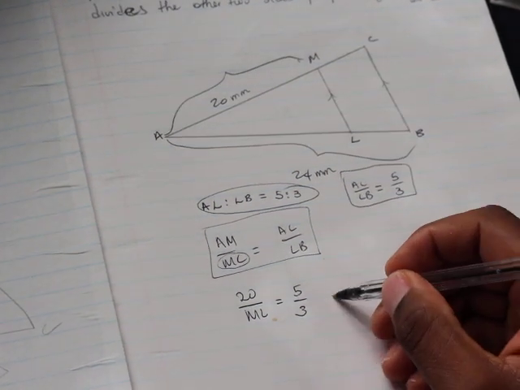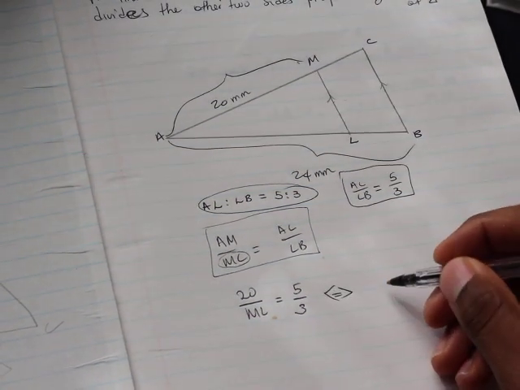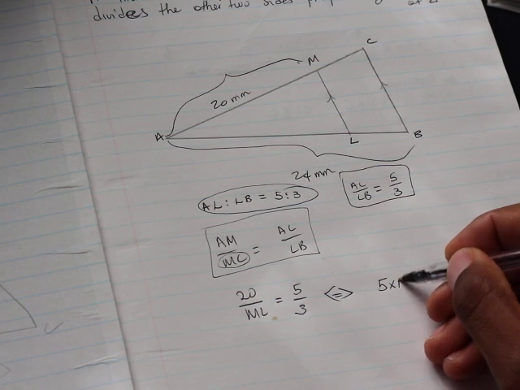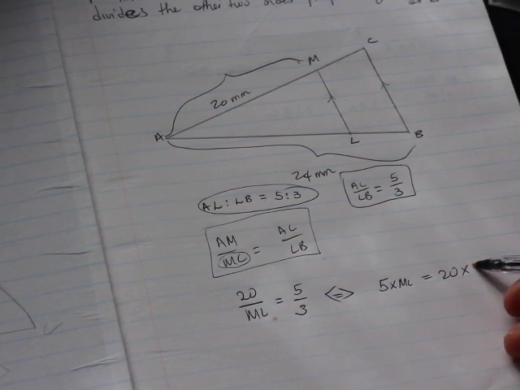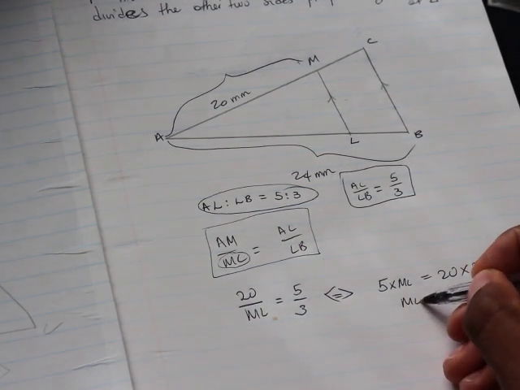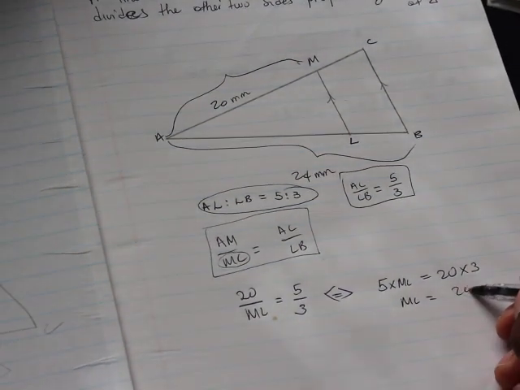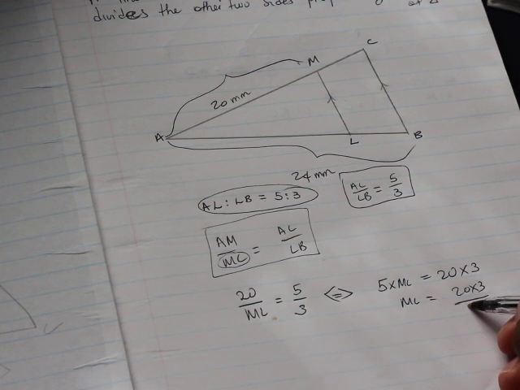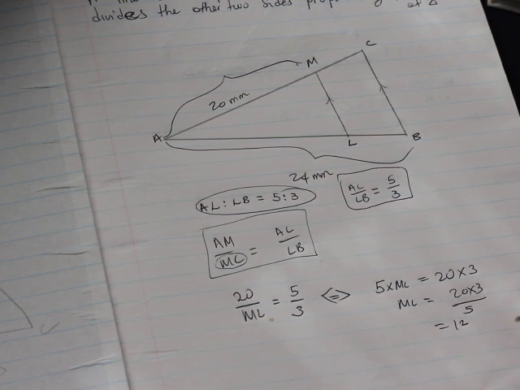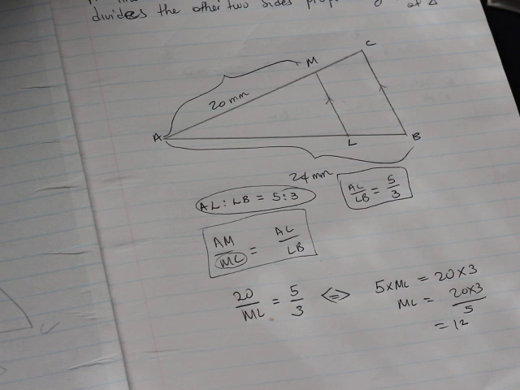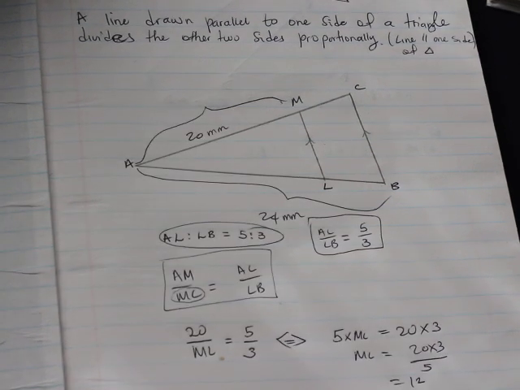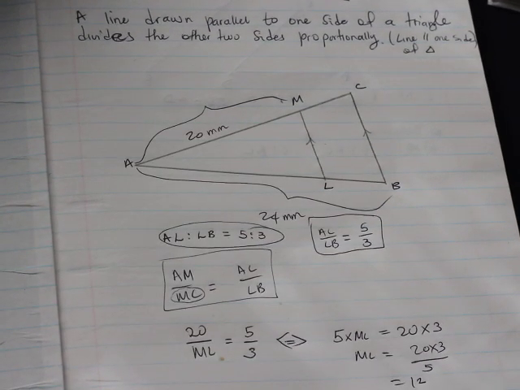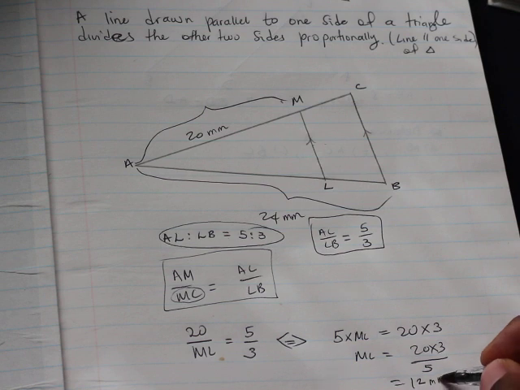We're just going to cross multiply, 5 times ML. At this point the problem is done, and ML is equal to 20 times 3 over 5, which is probably 12. I'm not too sure about that, so I'm going to confirm with my calculator. 60 divided by 5, and that's it, 12 millimeters.